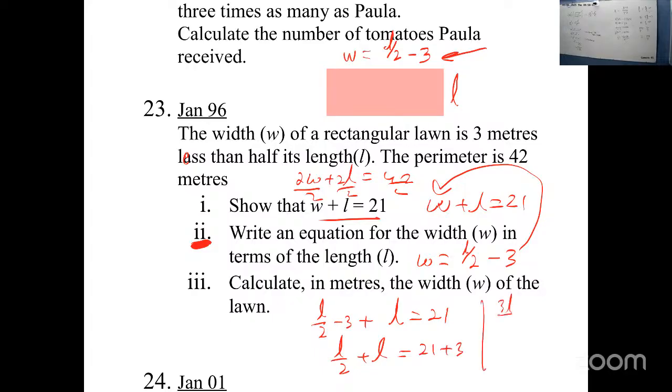This is 3L on 2 is equal to 24. Cross multiply, you'll get 3L is 48. And then solve it. L is 48 divided by 3, which is 16. It's the same thing we do for the whole class. I understand the words are a real trick, but we've got to get used to that, practicing the word questions.